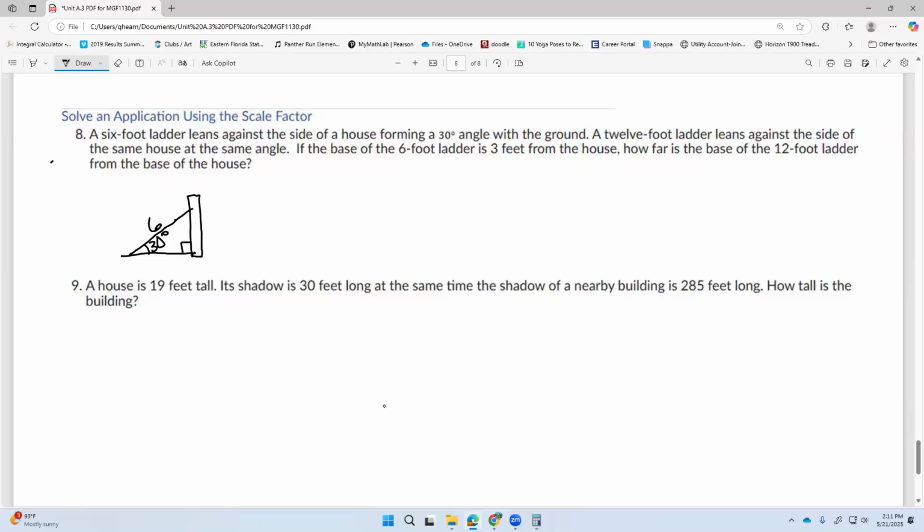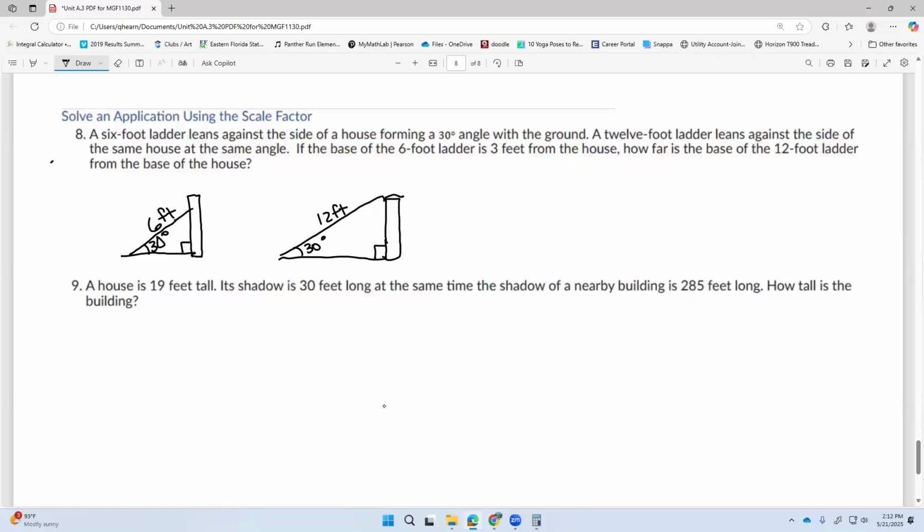And this is our 6-foot ladder. And then the same house, we have a 12-foot ladder leaning up against it at the same angle. And it also meets the ground at a right angle.